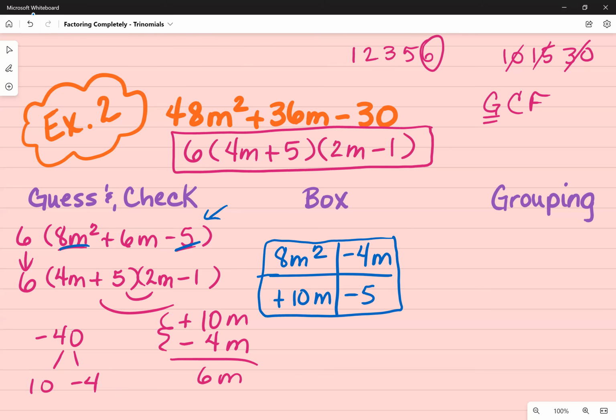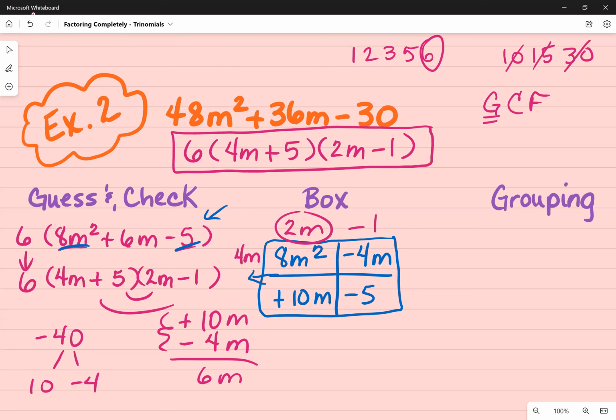I am going to factor out to the left. That's just my preference. You can factor however you want. And when I factor out to the left, I see the greatest common factor is going to be positive 4m. Positive 4m times what will give me 8m squared? It is 2m. And then 4m times what will give me negative 4m, negative 1.